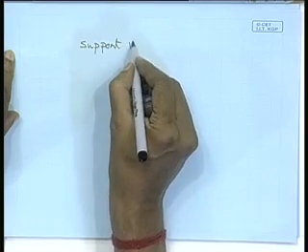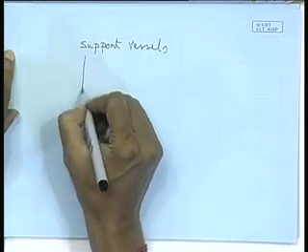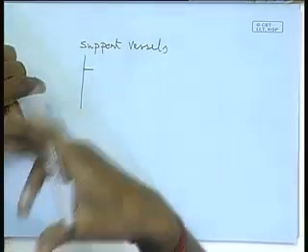Then we come to these support vessels, which help in the proper operation of the seagoing vessels, inland vessels, etc. They provide support, because we started with merchant vessels and naval vessels. Naval vessels have a very specific function.